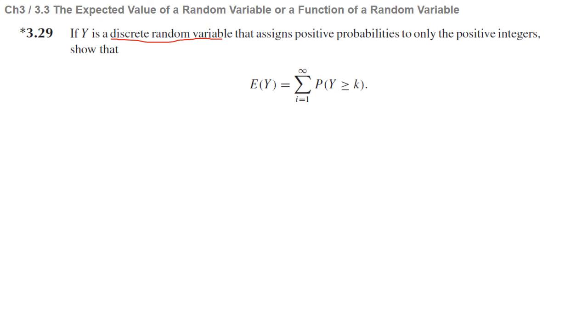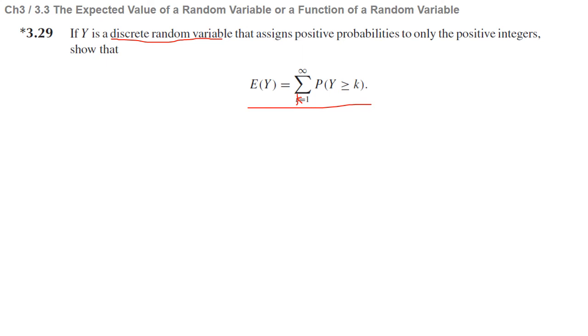Okay, let's go. If Y is a discrete random variable that assigns positive probabilities to only the positive integers, show that the expected value of Y equals the sum over k from 1 to infinity of the probability that Y is greater than or equal to k. Actually, here it has a typo, it should be k. Okay, and how can we prove this?